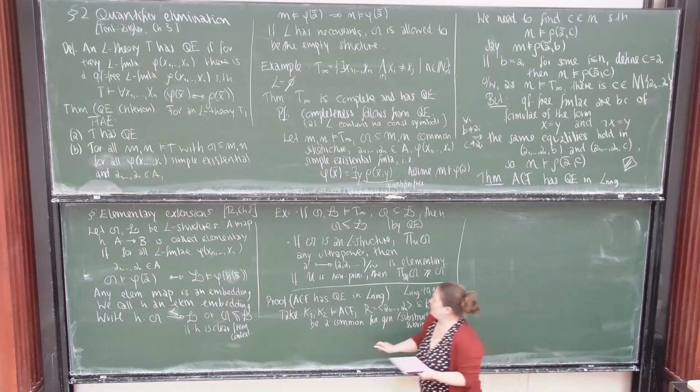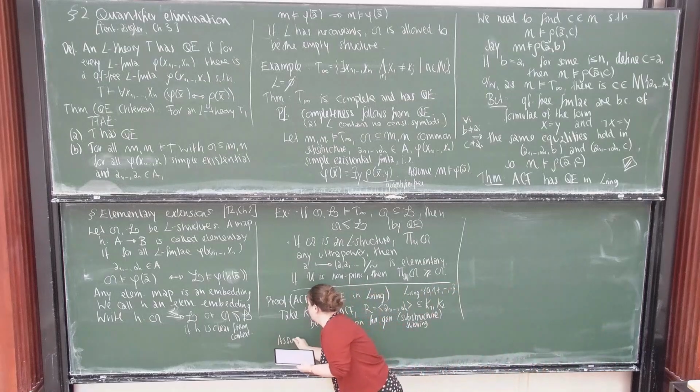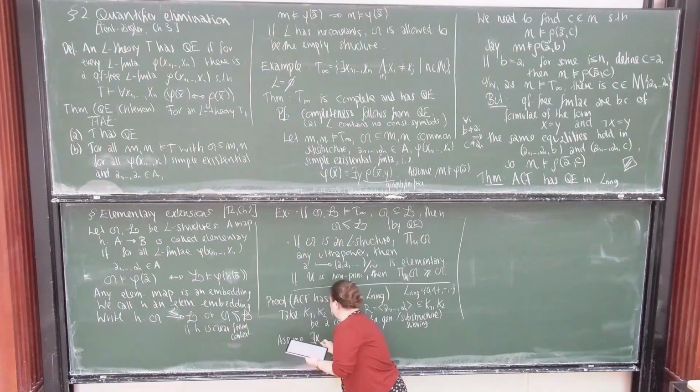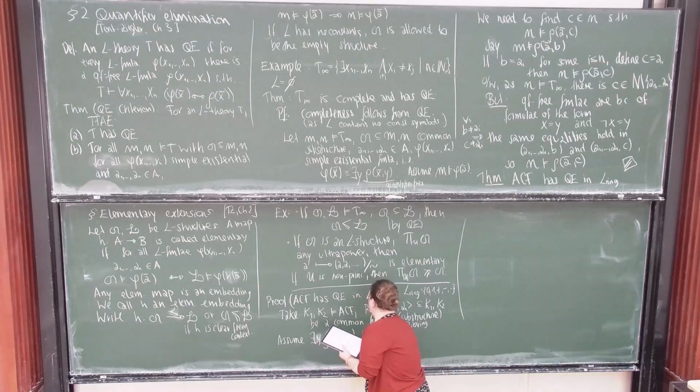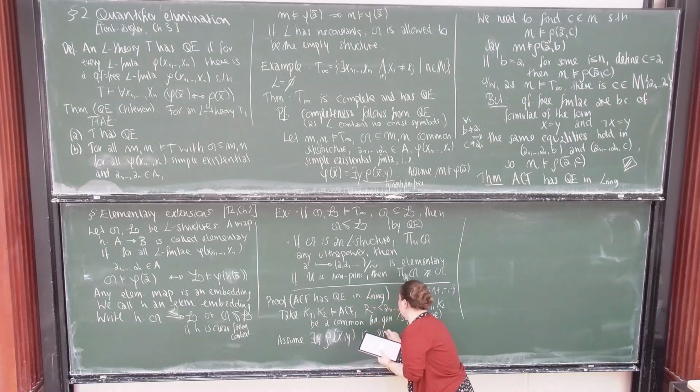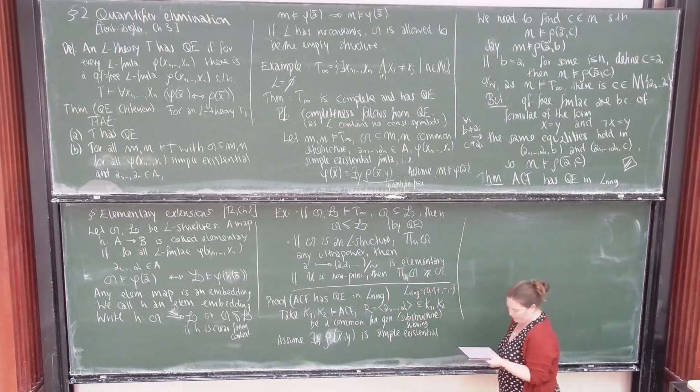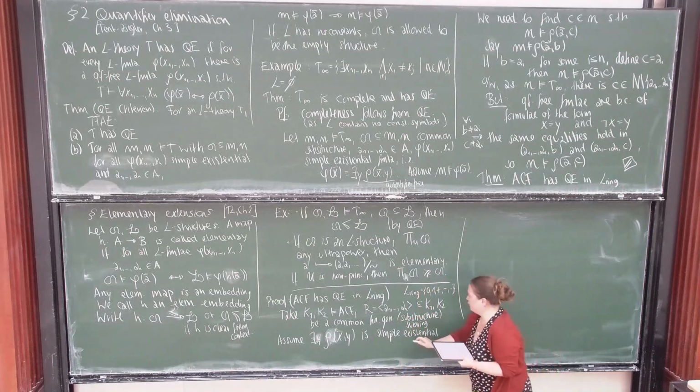Okay, what do I need to take? I need to take, assume, there is a y, trying to use the same notation as in there. So then there is a y, rho of x bar comma y is simply existential. Rho is quantifier free, and it's an L-ring formula.